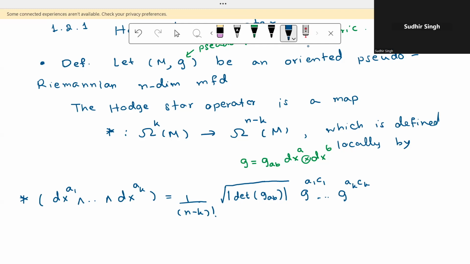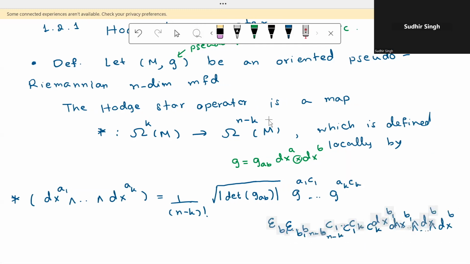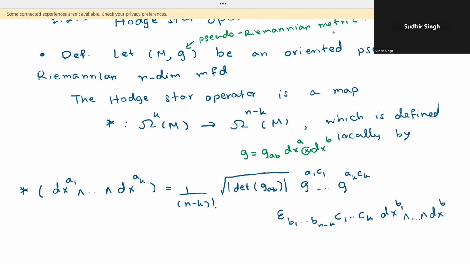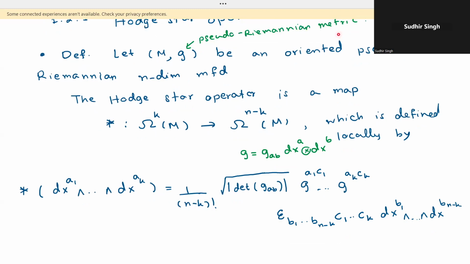Let me go down here, but it continues. So this is a k-form, and the Hodge star is an (n minus k)-form, which can be written in (n minus k)-form from here.